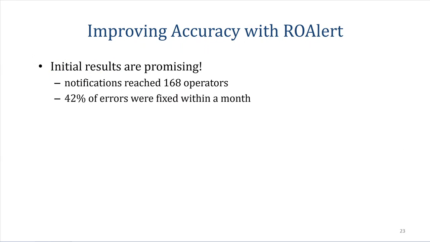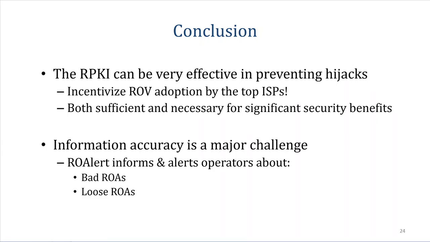So our initial results running ROAlert are actually quite promising. We've sent out notifications to 168 operators and have reached about a 40% success rate, meaning 40% of the errors that we've notified about were fixed within 1 month.